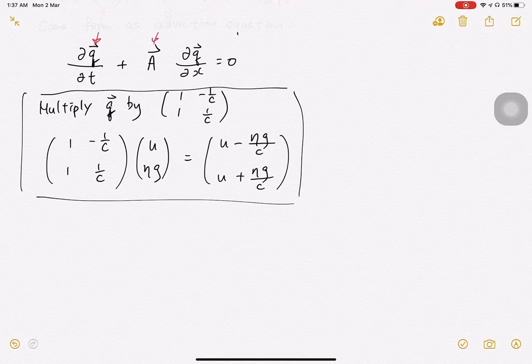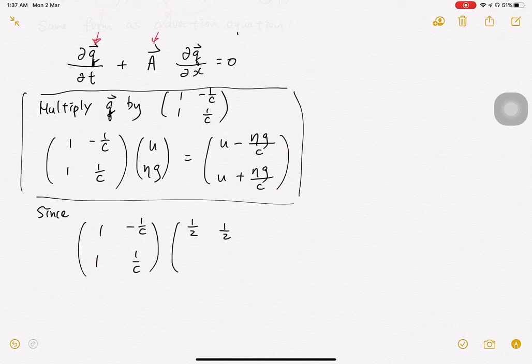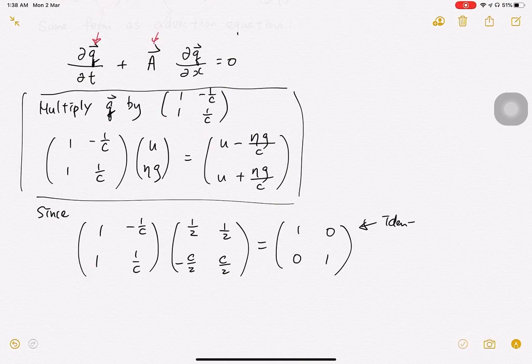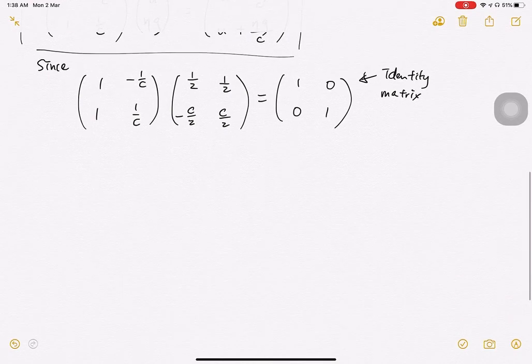And then for matrix A, we need to do something else first, since this matrix multiplied by another matrix will be the identity matrix. We can multiply A by the identity matrix.